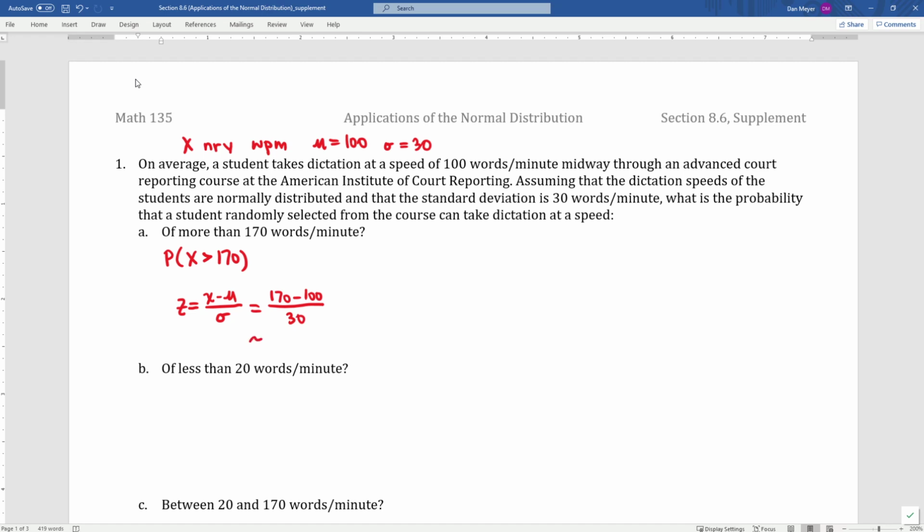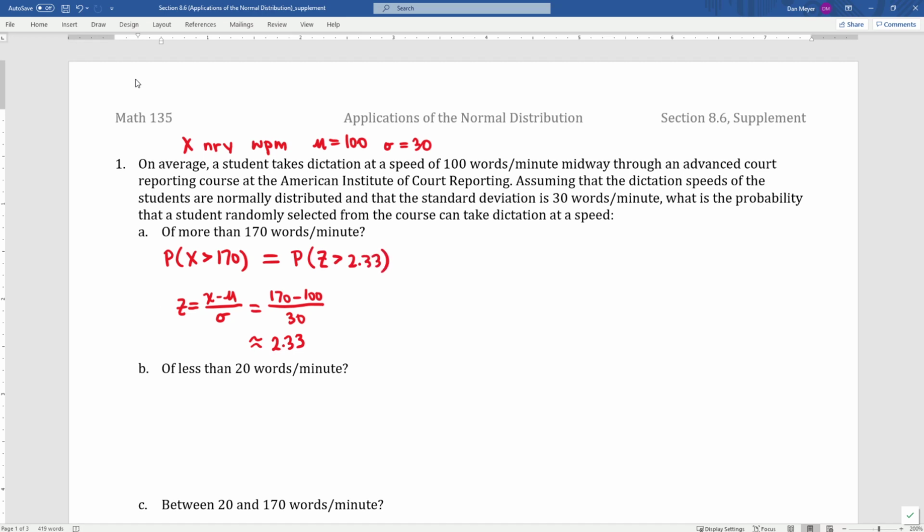And that gives us a z-score of about 2.33. We're going to round all of our z-scores to 2 decimal places, just as they are on our z-table. So when we standardize, that gives us the probability that a standard normal random variable z is more than this z-score, 2.33.